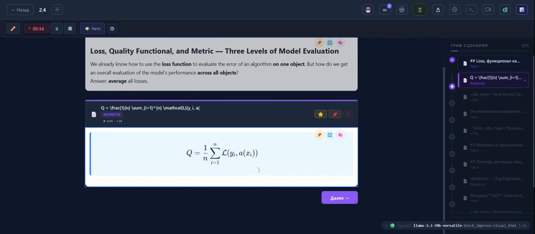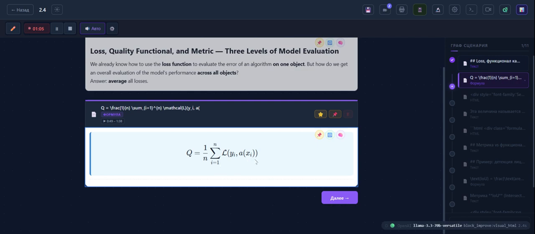Basically, we use this kind of formula. We can see that for our loss function, we can see it here, this part that we already know. We put our target value for a particular object and prediction function. This is whatever function that we use to predict our values.